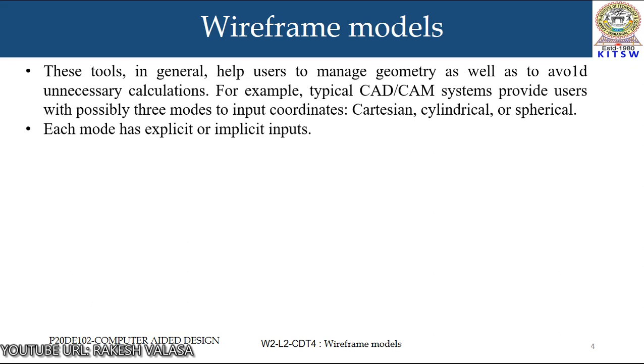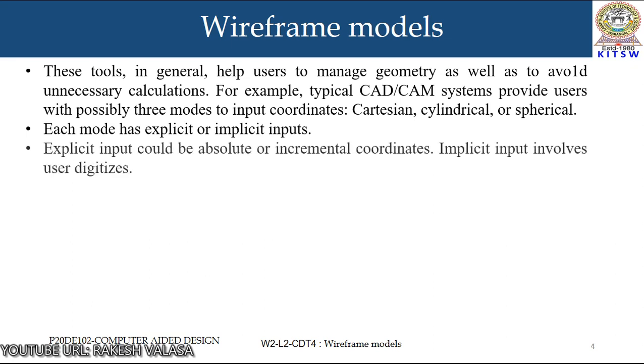In the next lecture, we will discuss the difference between explicit methods and implicit methods. We will discuss in wireframe entities. Here, explicit input could be absolute or incremental coordinates. Implicit input involves users' digitizers.